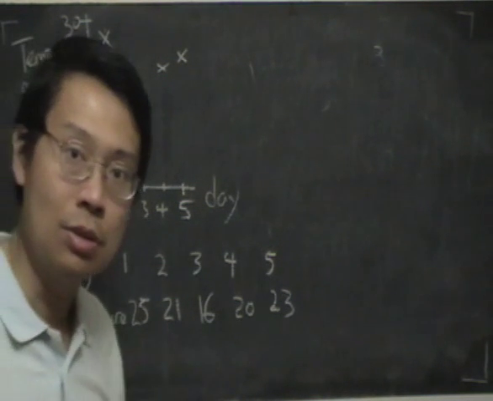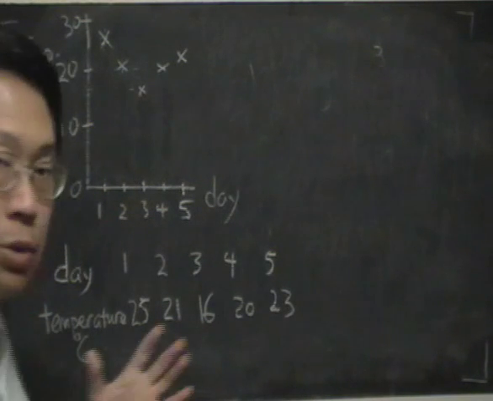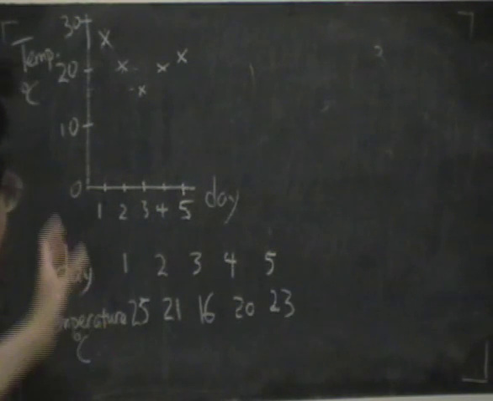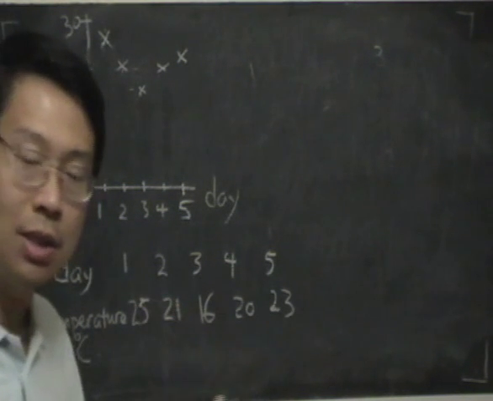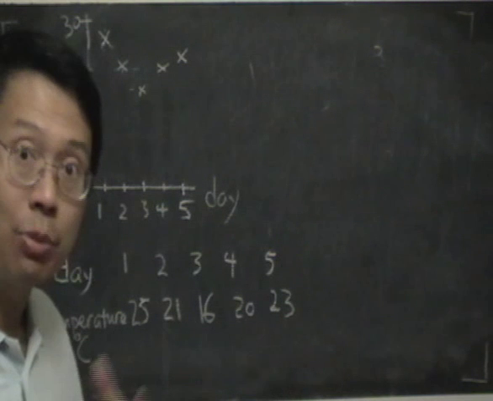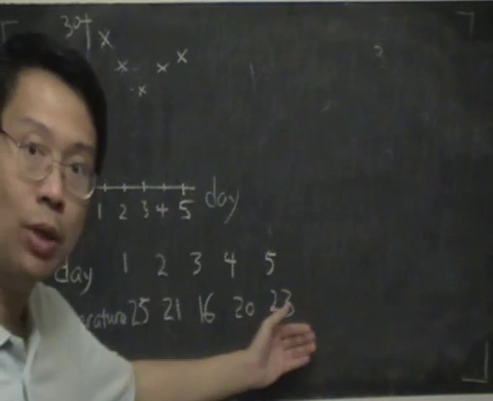So that's the reason for making graphs. Just by looking at it as a picture, you can quickly see some information that is more difficult to see just by looking at the numbers.